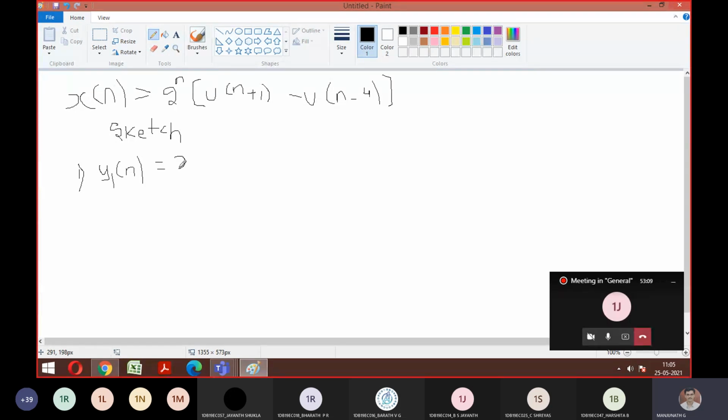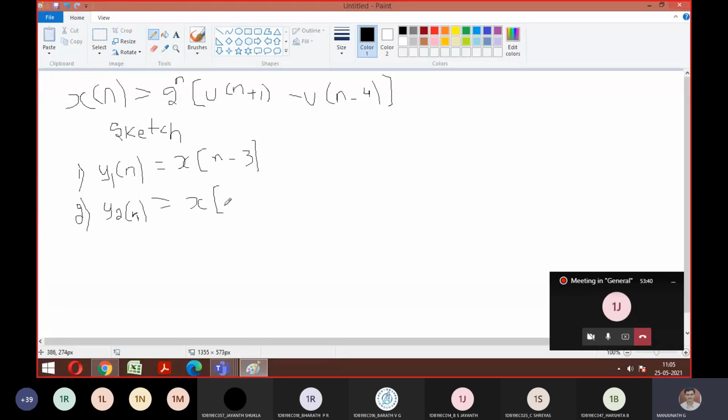In the normal classes when we did 8 power n into some u of n concept. A similar type is this one, one more problem you try to solve. y2 of n is equal to x of n plus 1.